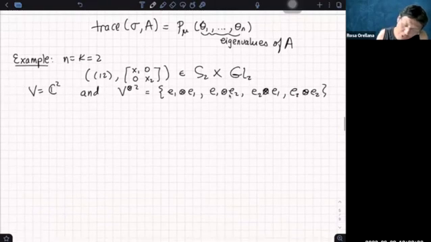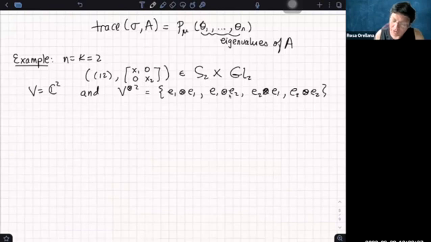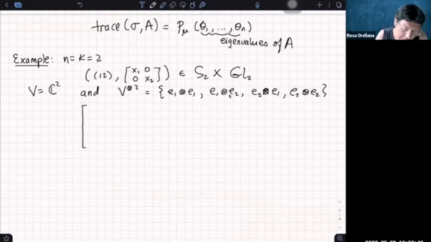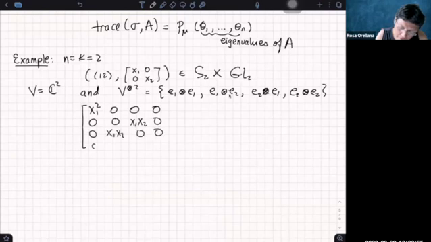If I compute the action, one is acting diagonally and the other one is acting by permuting the factors, the matrix that I will get corresponding to this element is a 4×4 matrix. You can check yourself that that's what I get.